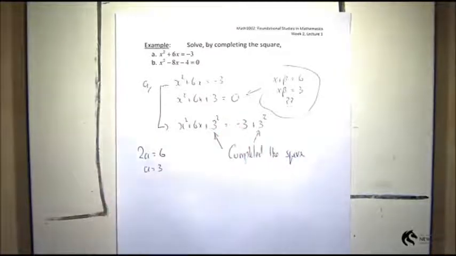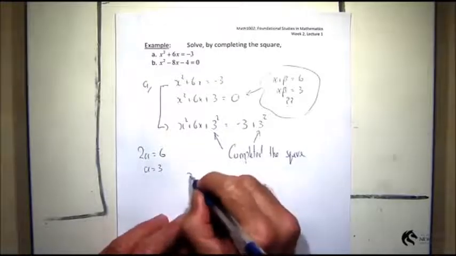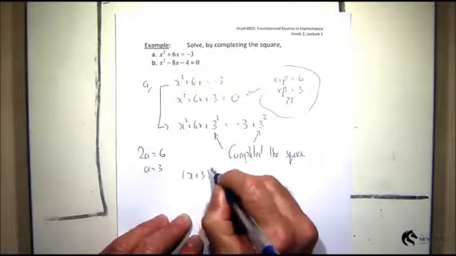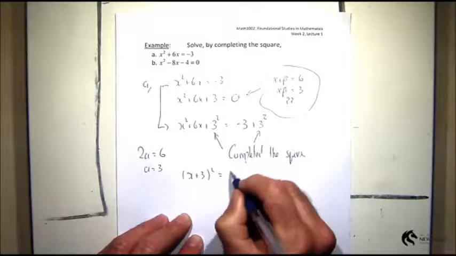So because I've added in a squared, this left-hand side must be x plus 3 all squared. That's why I added in the 9. So this is in fact x plus 3 all squared is equal to minus 3 plus 9, which is 6.